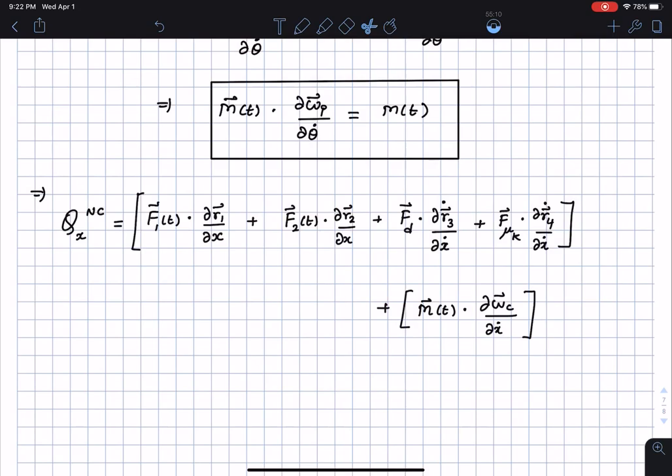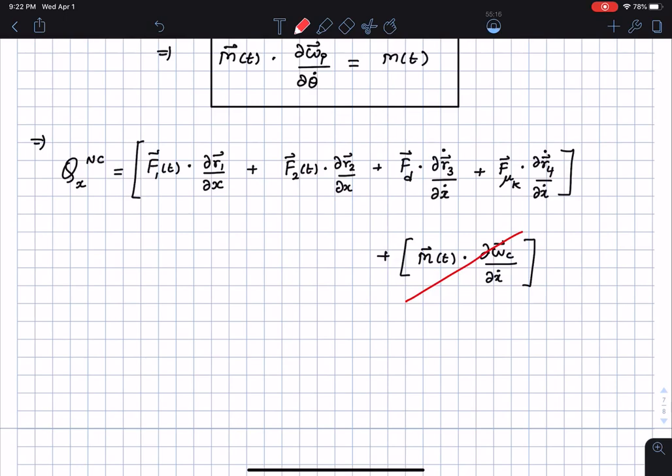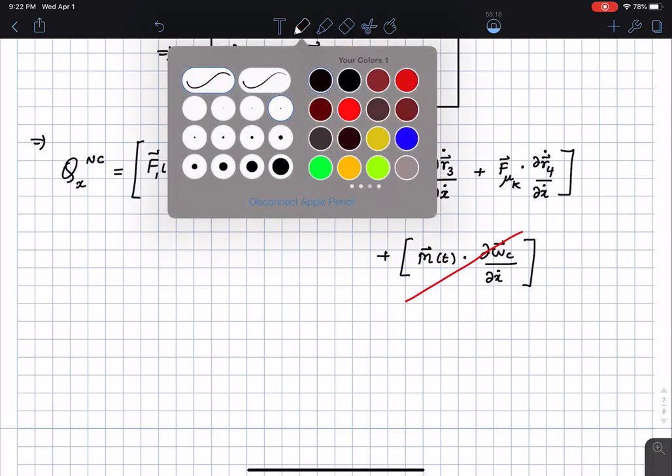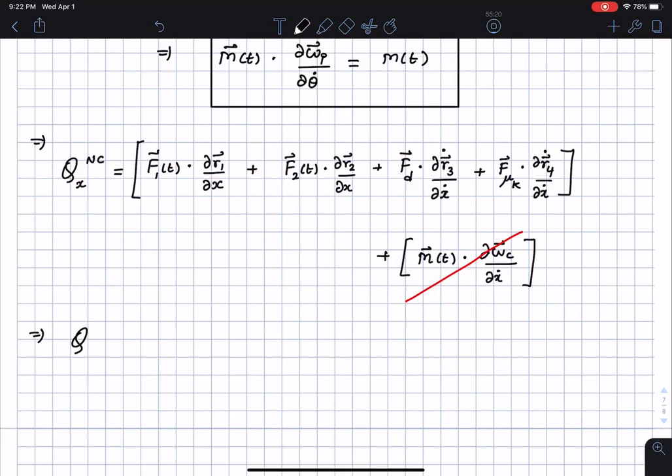Alright, so we can now say the following. First of all, this entire term is going to be 0, as you see from before, which implies that Qx non-conservative, if I make use of all the expressions that we have seen, f1 dotted with dr1 by dx, that just gave me f1 of t. Then f2 dotted with dr2 by dx, that term ended up being 0 for us. That was not acting on the pendulum, not on the cart.